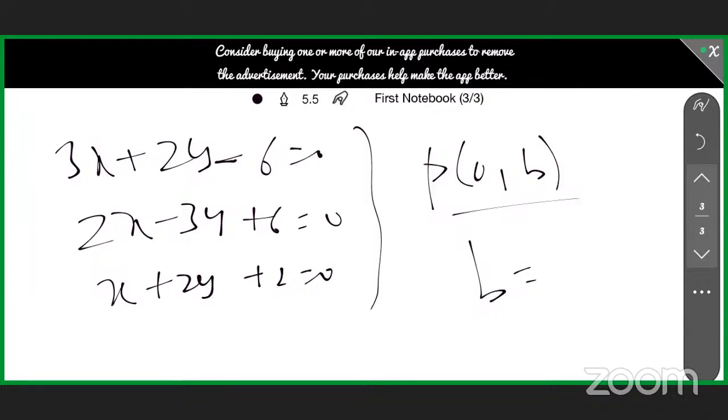Have some eye on the intercept form of line equations, and rest all other things, point of intersection, concurrency, then areas, incenters, all those concepts we will cover.